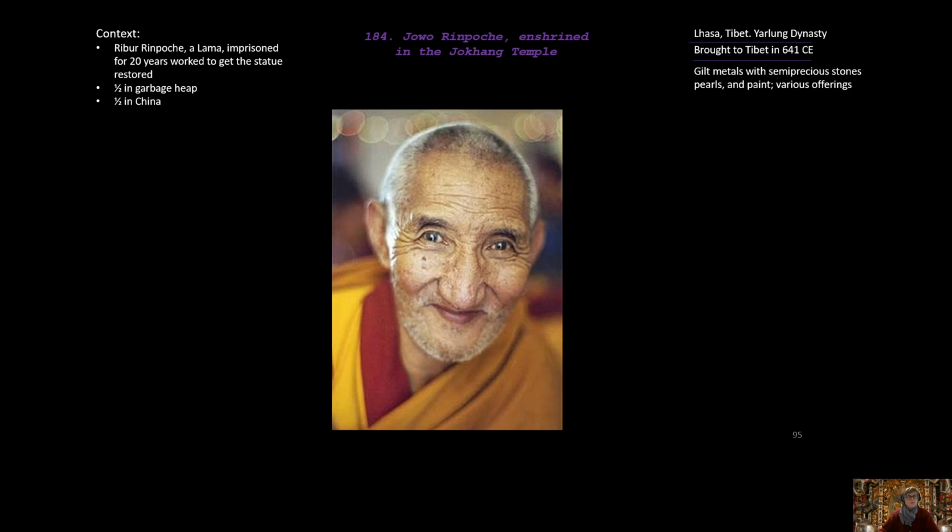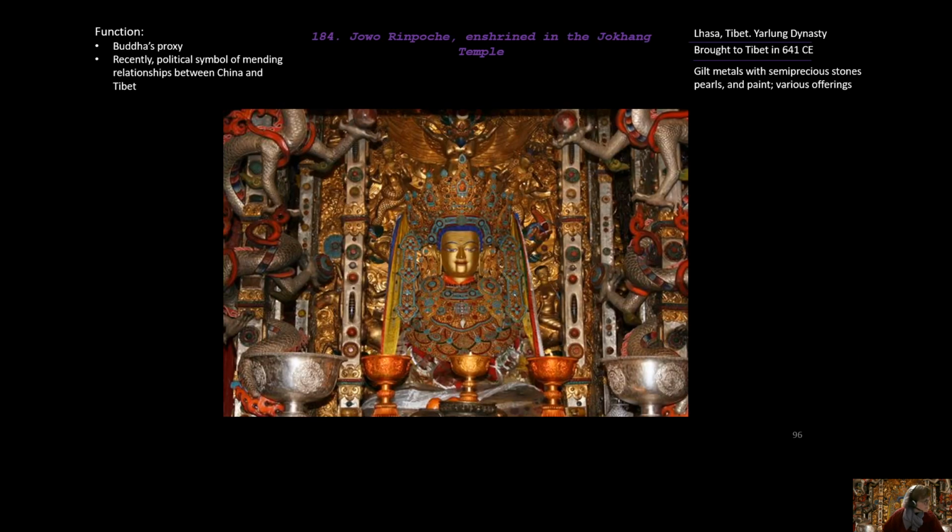And when he was released from prison, he made it his job to get the Jowo Rinpoche back in place. Half of the statue, the lower half, was found in a garbage heap in Tibet, and the other half was found in China. And he was able to bring them together. There's still some damage to the statue from that breakup, but it has been reinstalled here.